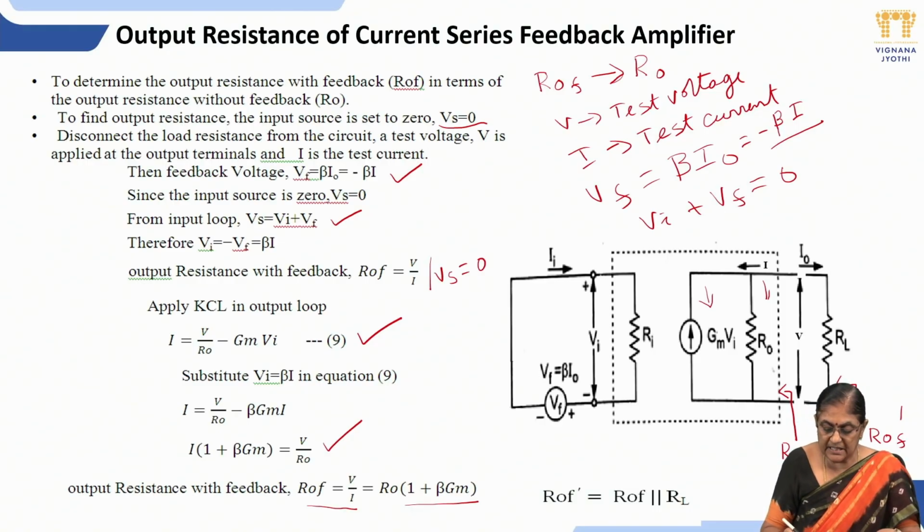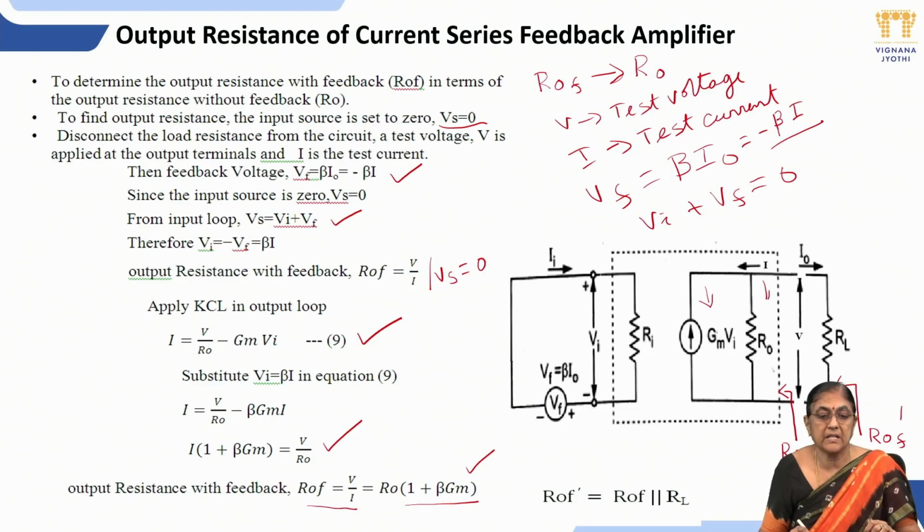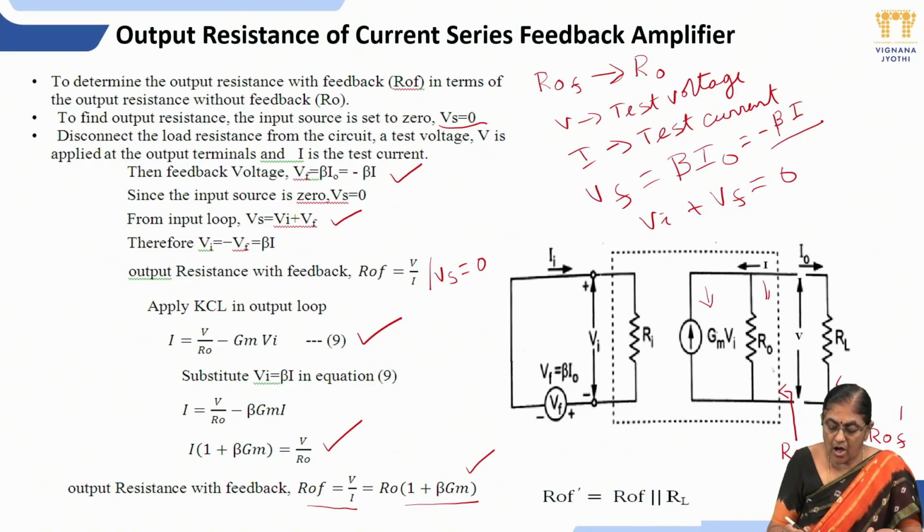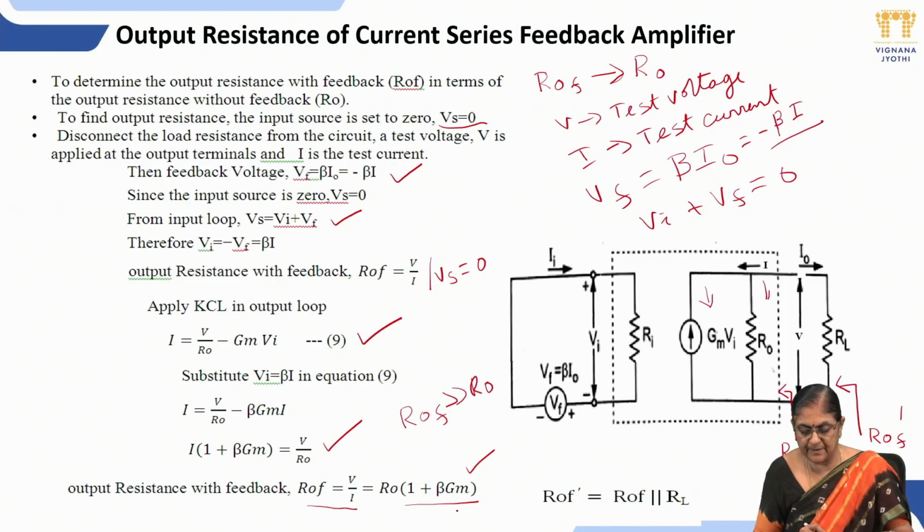So what did you understand by seeing the expression of R0F? R0F is output resistance with feedback. R0 is output resistance without feedback. Beta is feedback factor. Gm is transconductance without feedback. So R0F is greater than R0 by the factor of 1 plus beta Gm.